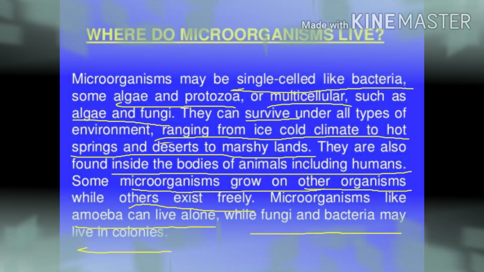These microorganisms can survive under all types of climatic conditions. They are adapted to all types of climatic conditions like ice cold, hot spring and wetland. Here wetland is nothing but marshy land. These microorganisms can be found in human bodies, where some are harmful and some are useful. The E. coli bacteria, which is present in the human large intestine, synthesizes B complex vitamin in our large intestine.